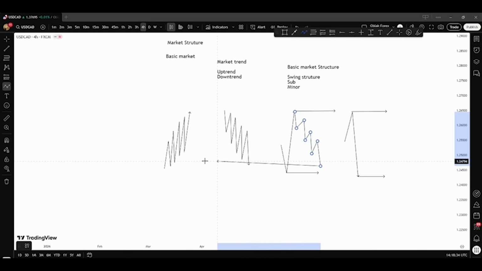From here, you always come close to the low before you see a push to the upside that is going to take out this high, giving us another bullish.